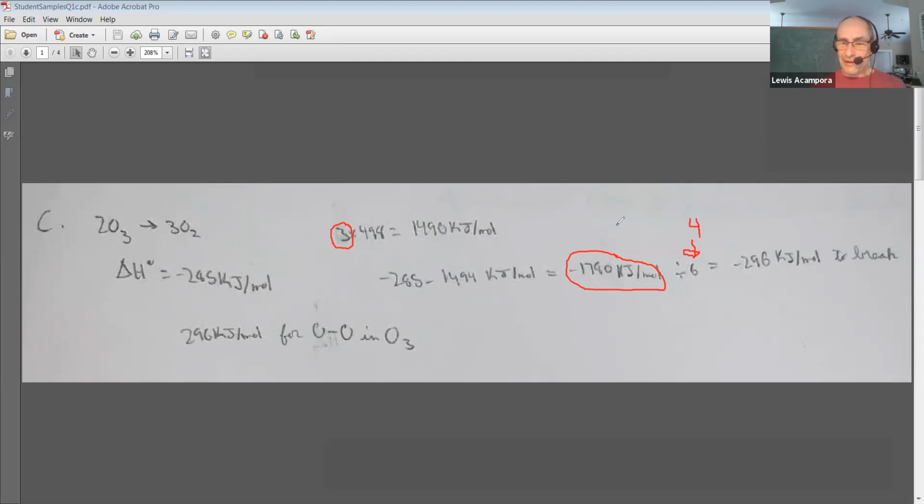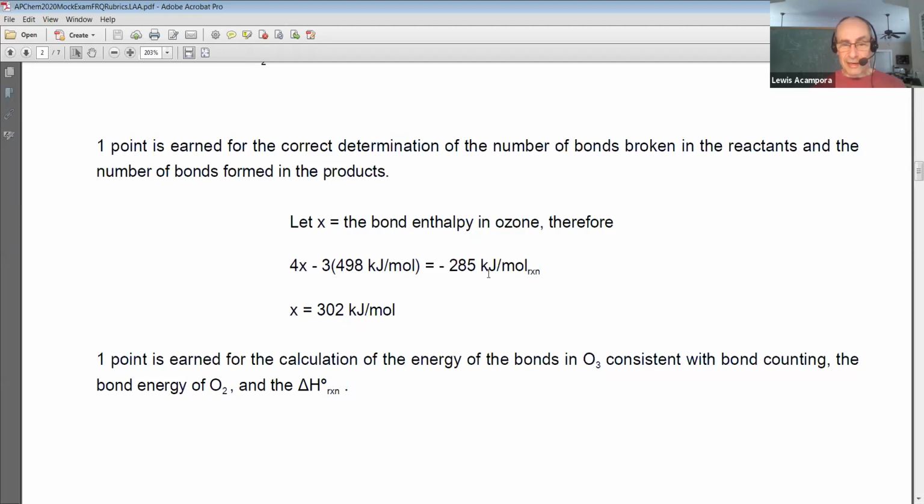And this is a very, very tempting value, but if you remember the way the equation was set up, go back to the rubrics here. The equation was set up so that the negative 285, which was the delta H of the reaction, we're going to add to that 1498.